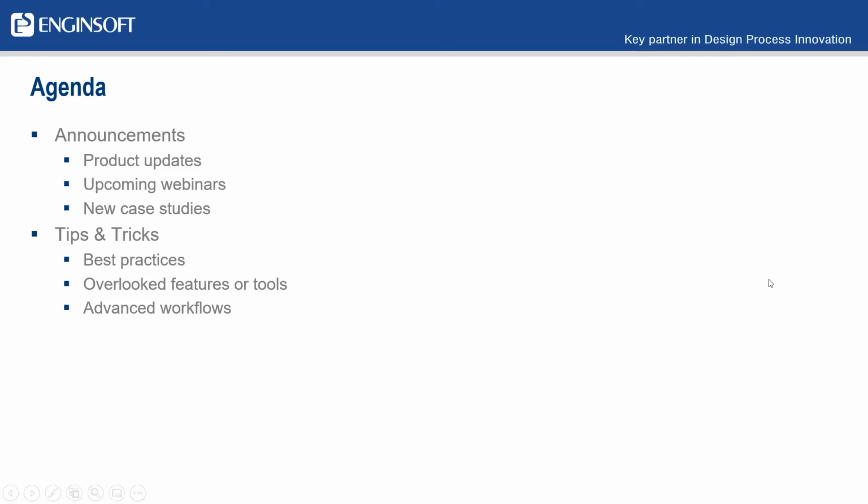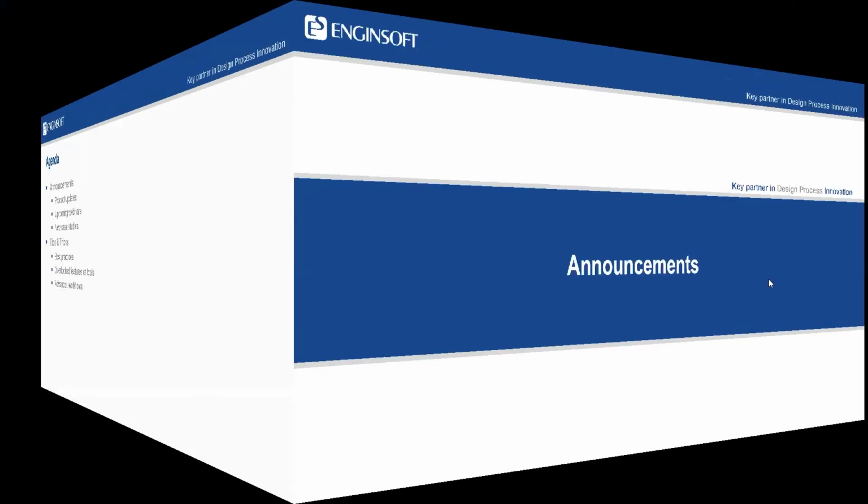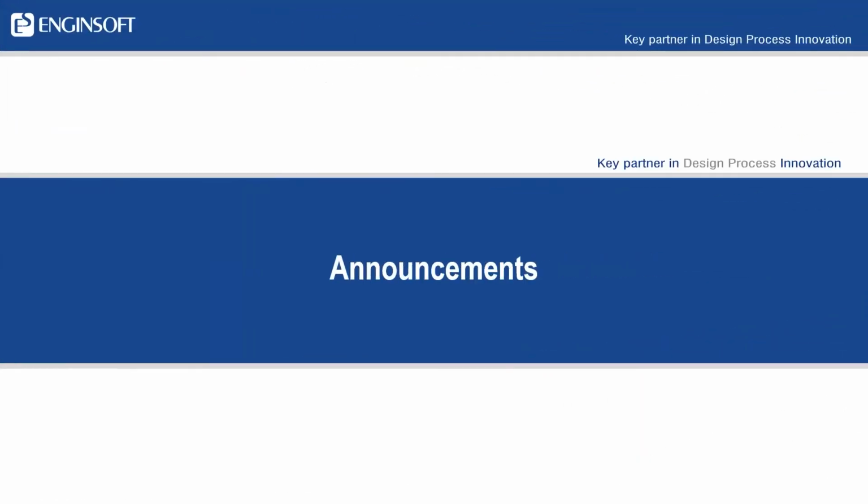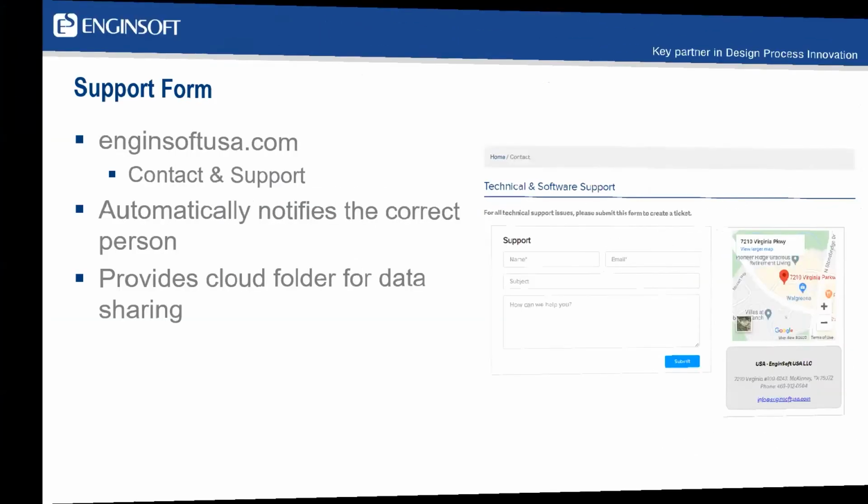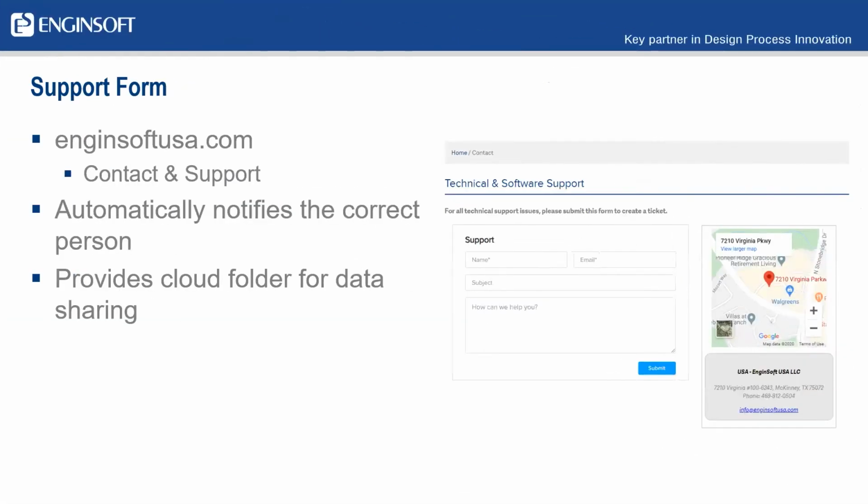Thanks, Evan. Okay, so let me jump in. We just have a handful of announcements today. One thing I wanted to mention for folks that aren't aware: I think there are a few international customers on the line, but for the US customers, we have a dedicated support system, and you can directly submit tickets to that system using our website, going to the contact and support page.